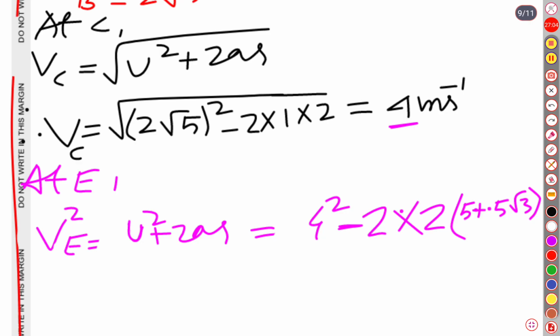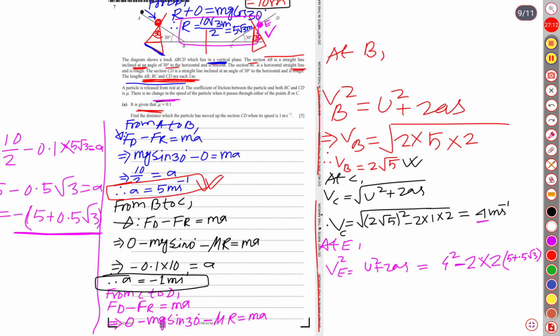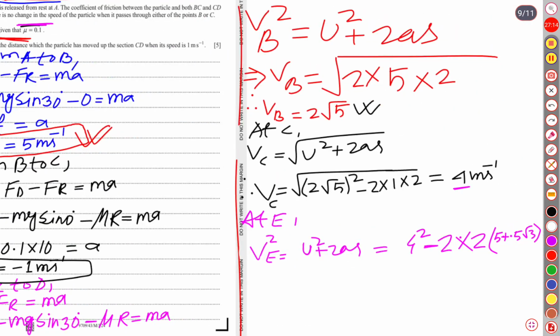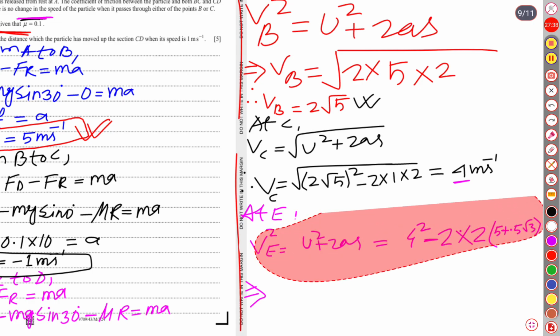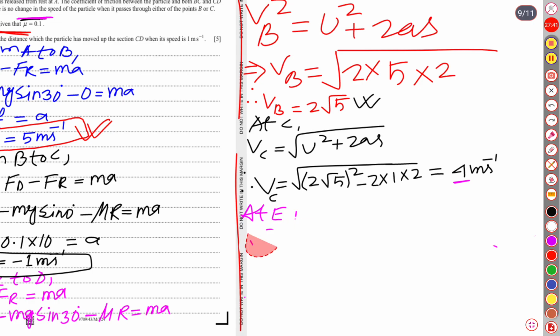Let me erase this part actually. I will have to write it again because it was really messy.